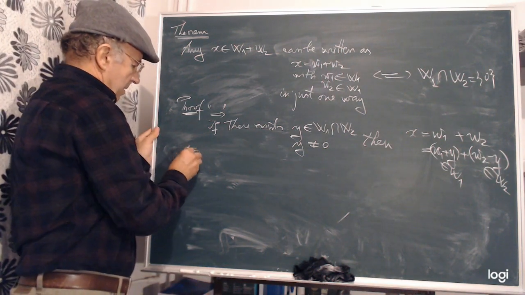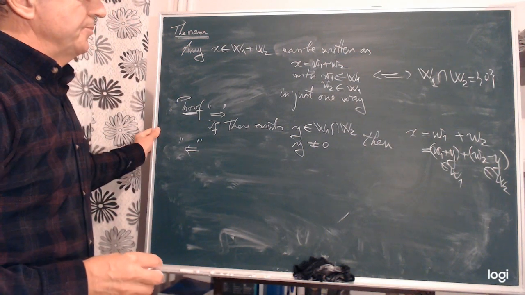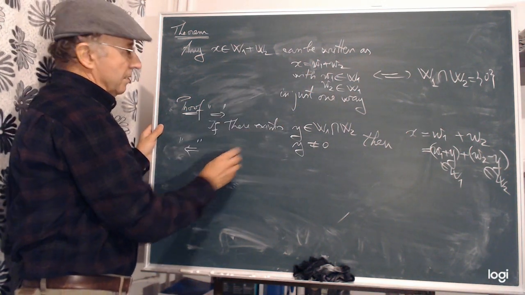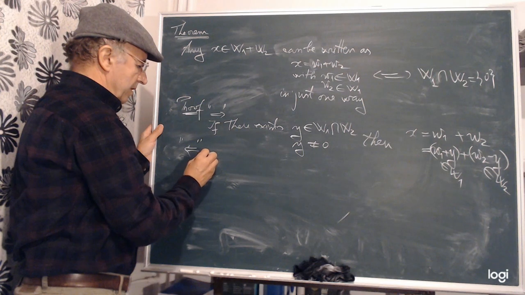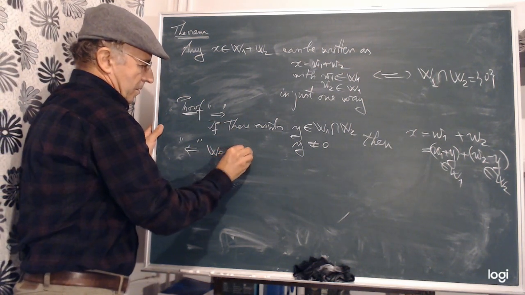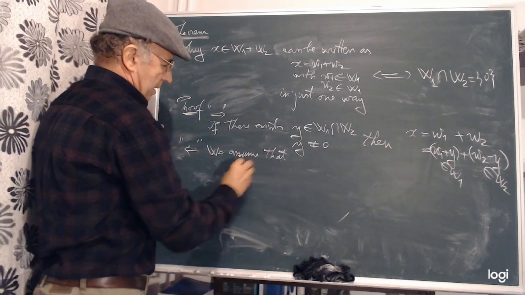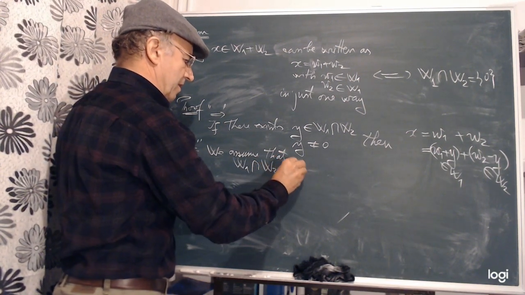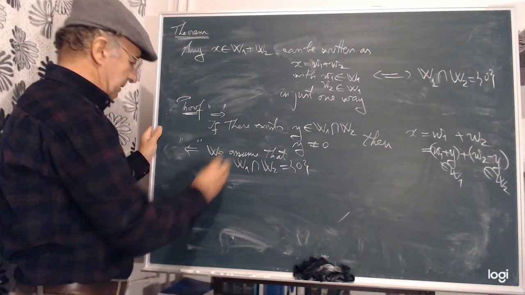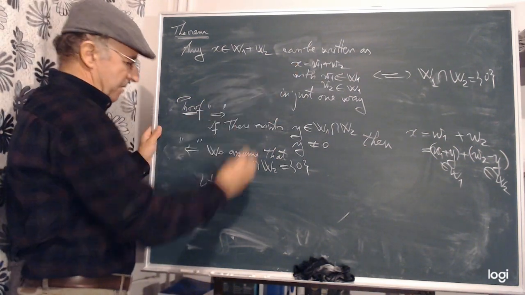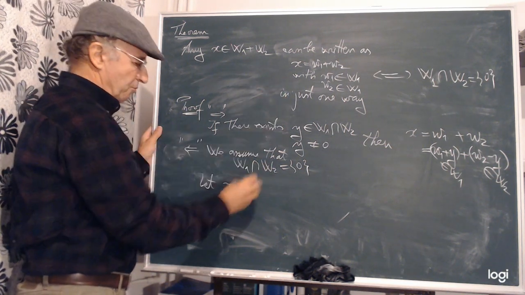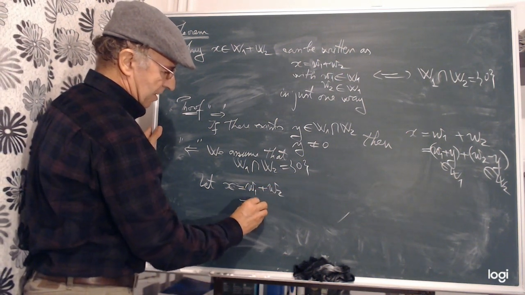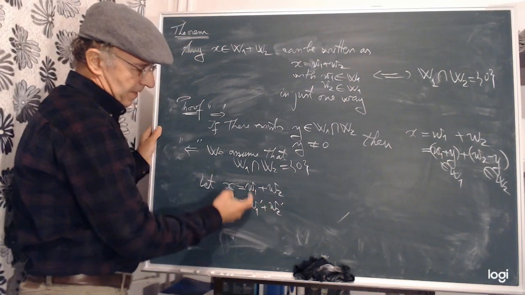Now, the other implication. We assume that the intersection contains only the null vector, and let us consider that x can be written in two ways, w1 plus w2, and also as w1 prime plus w2 prime, with w1, w1 prime from W1.